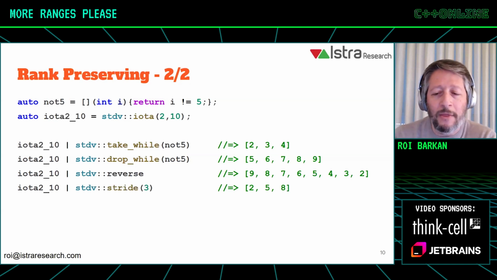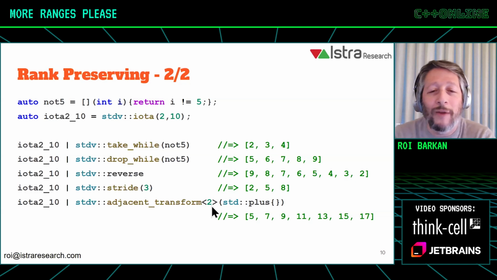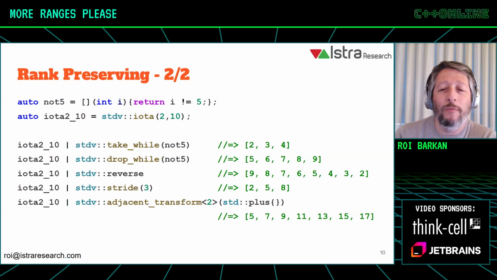And then there's stride and adjacent transform, which also give various ways to receive a range as input and do some manipulation on the results. You see that adjacent transform, by the way, is templated on the number of adjacent elements that can be used. So basically, adjacent transform you can see sort of like a sliding window over its input, and it performs whatever lambda operation is given on each of those windows to generate a result out of it.